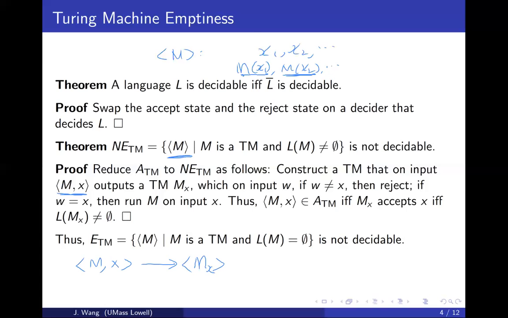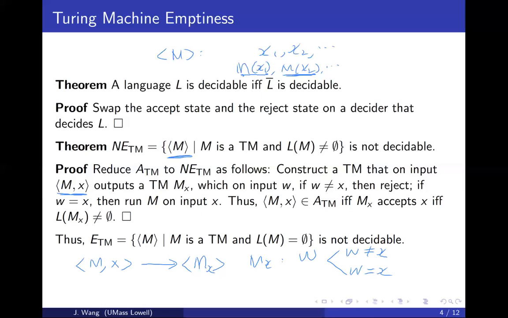What it does is that M sub x takes input w, and then you check whether w is not equal to x. You have two cases: either w is not equal to x or w is equal to x.